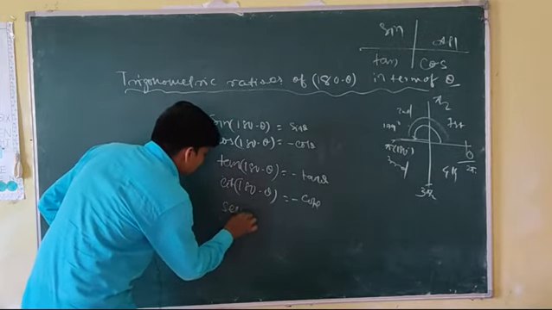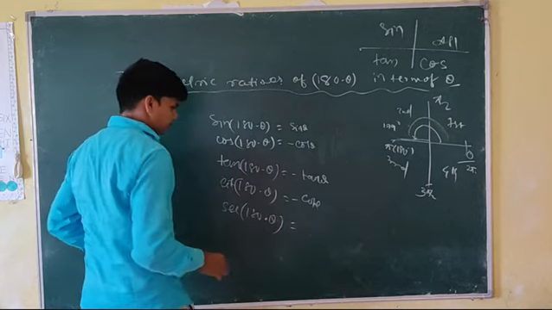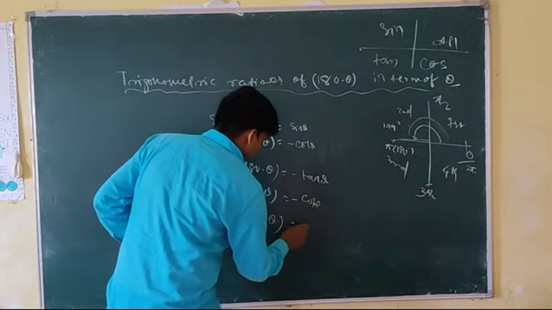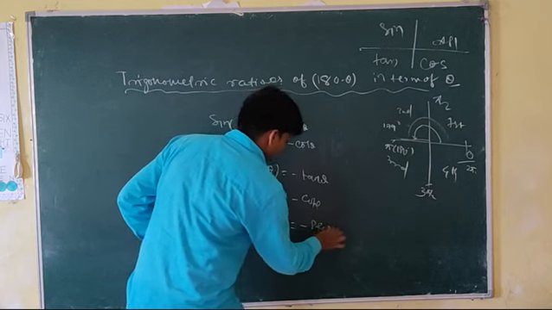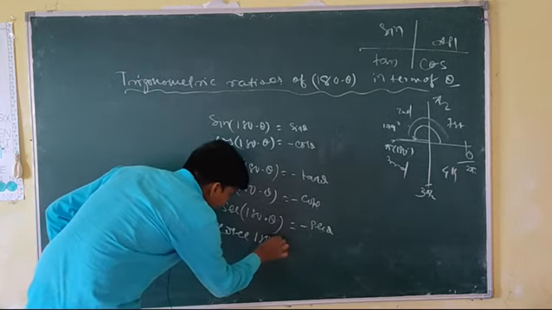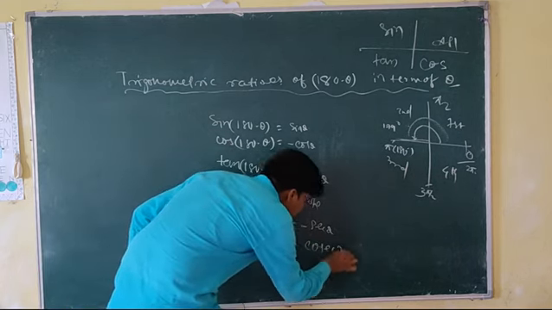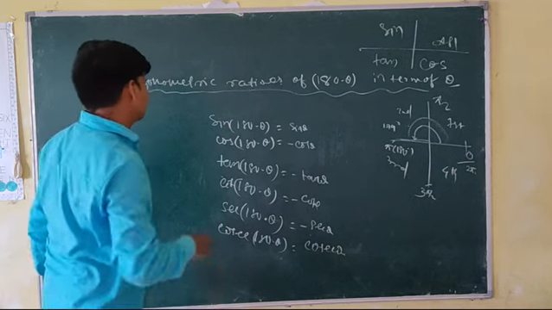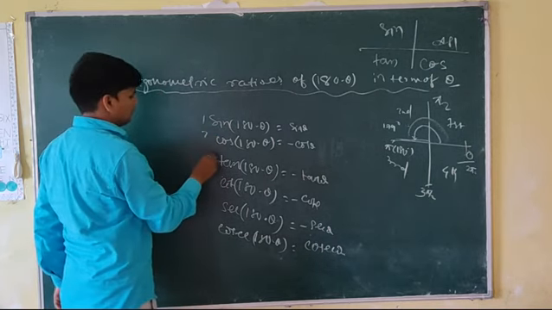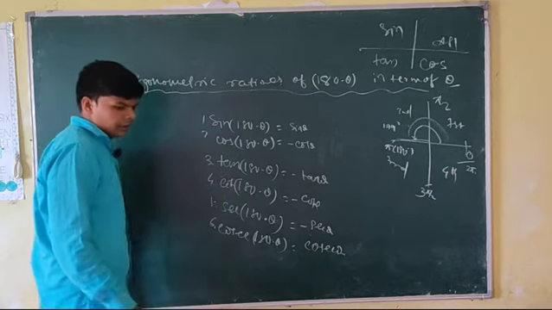And sec of 180 minus theta is minus sec theta. Cosec of 180 minus theta is only cosec theta. Clear? These are the 6 formulas. Okay, clear?